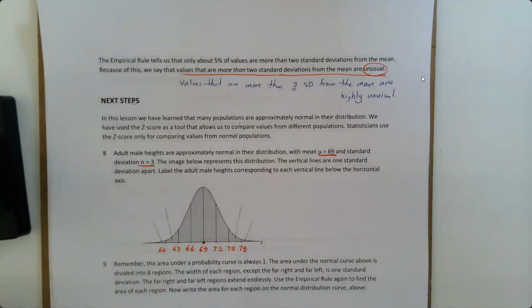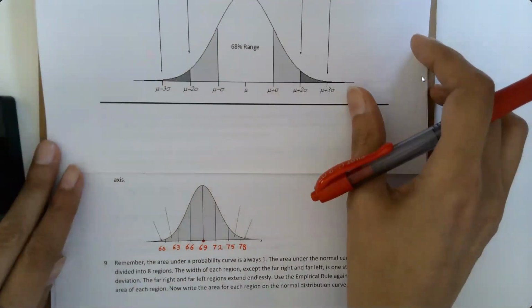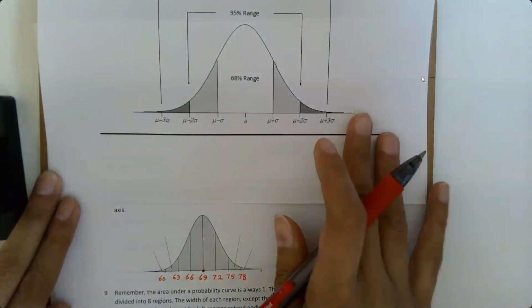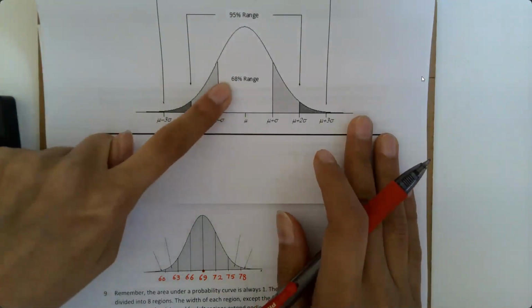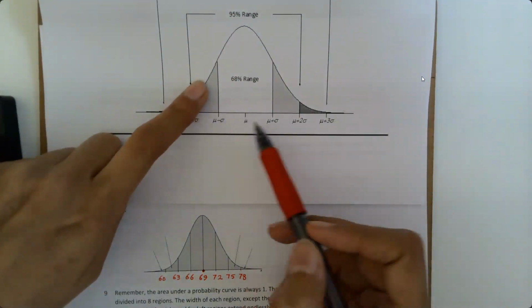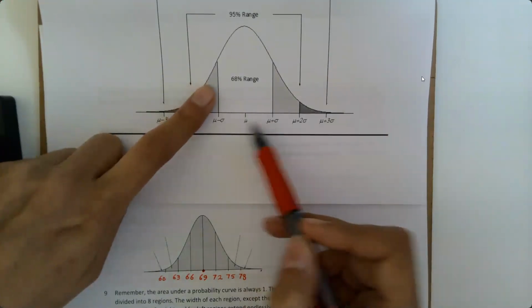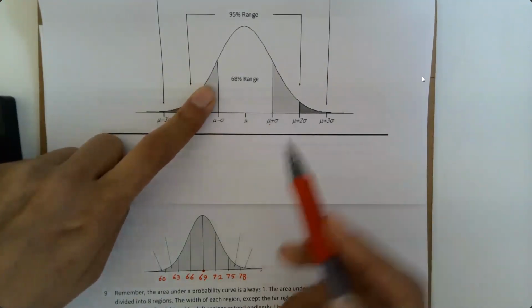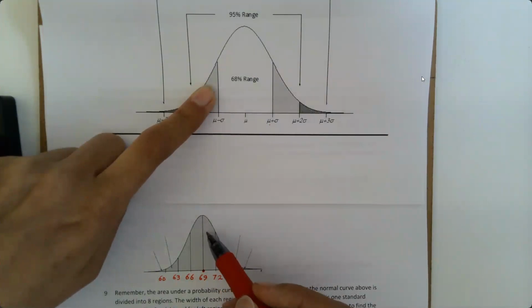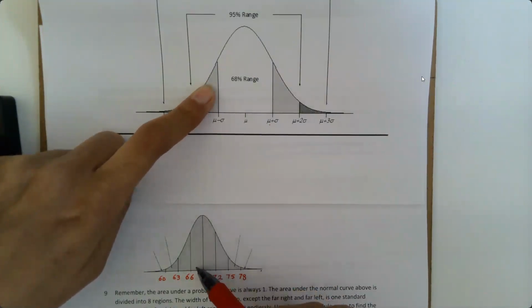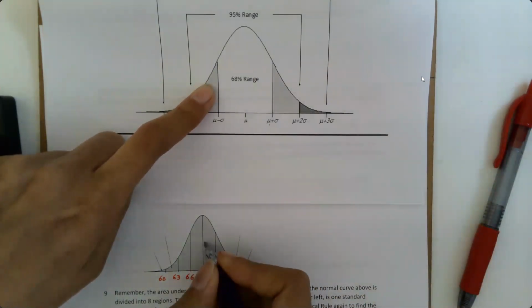Okay, let us take a look at our empirical rule graph. We know that our graph says 68% of the data are within 1 standard deviation of the mean. It means that this area here is 68%. So half of 68% is here, the other half is here. So 34% and 34%.